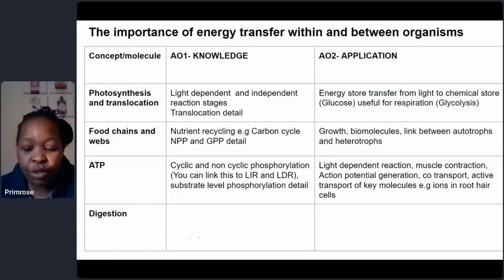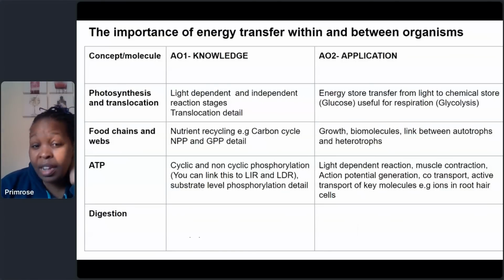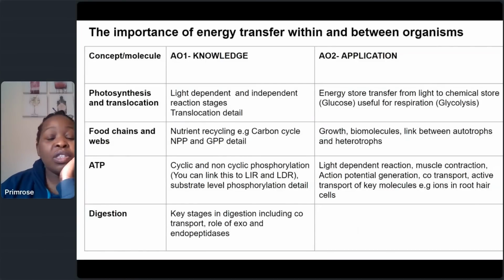And then you could also think about where other molecules that involve energy stores come from, so other chemical stores, e.g. the chemical stores from digestion. You could then link in how enzymes help this energy transfer as well, and again co-transport comes up again, and then where that glucose ends up.